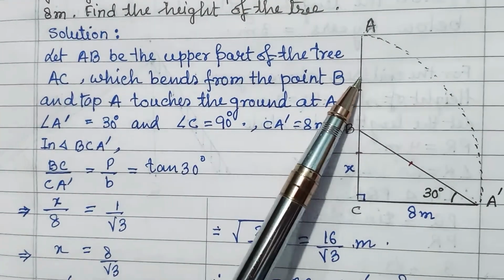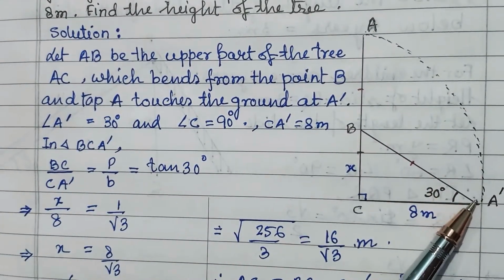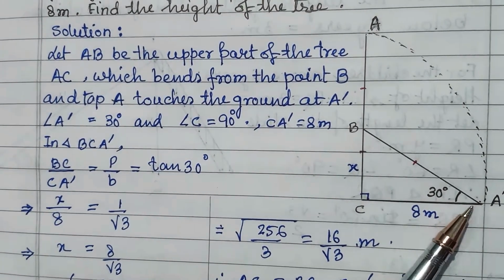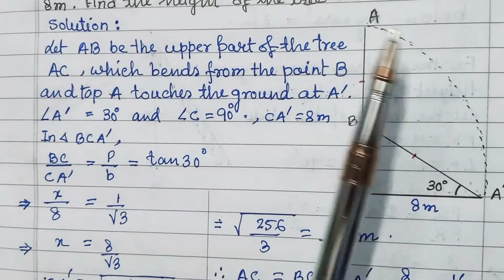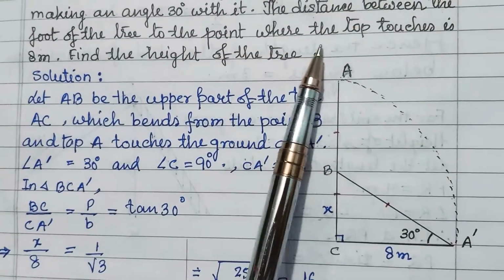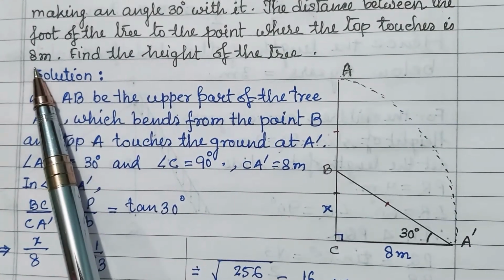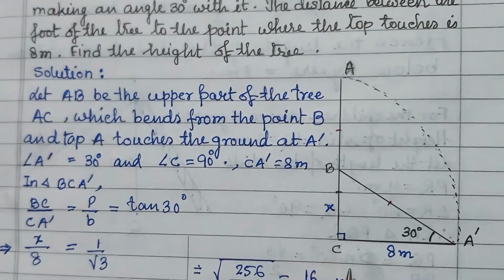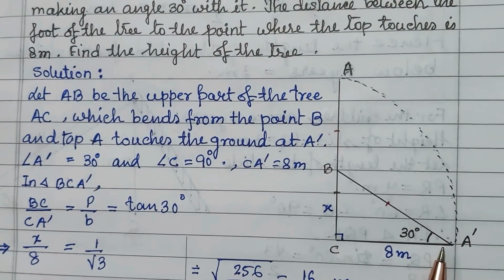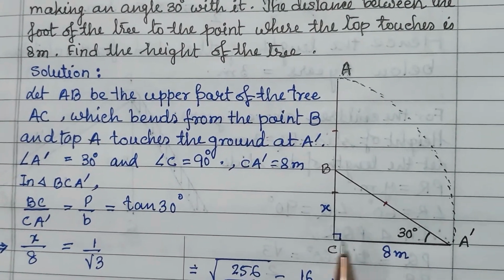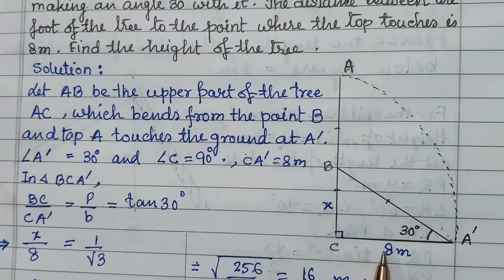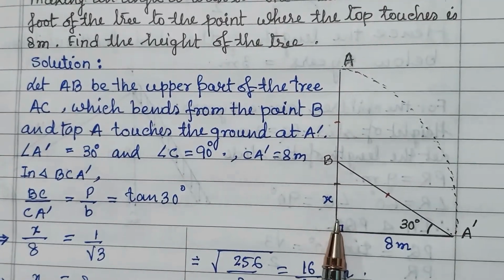The distance between the foot of the tree and the point where the top touches is 8 meters. Find the height of the tree, the total height.